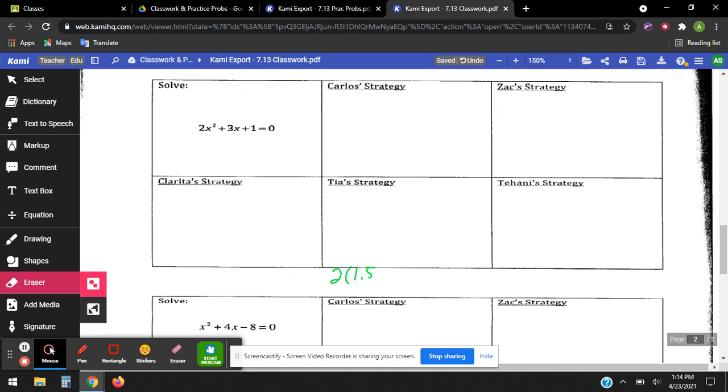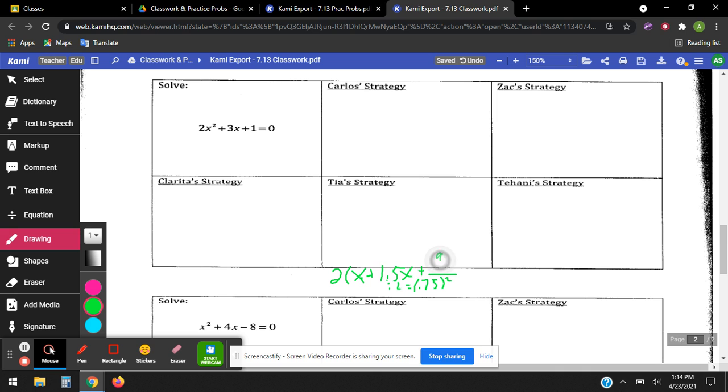So 2 times x plus 1.5 x. Half of 1.5 is 0.75, and 0.75 squared is, maybe we do that one as a fraction, because that's 3/4. 3/4 squared would be 9/16. I have to go from 9/16 to 1.